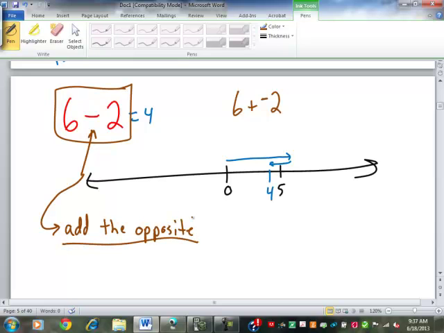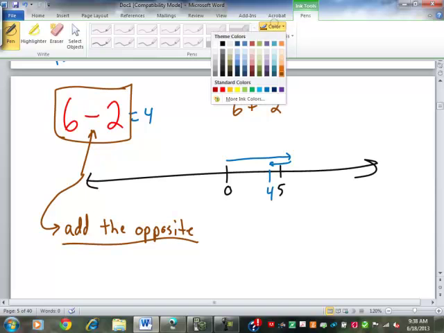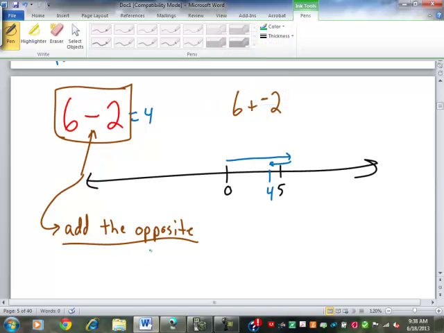Now, we're also used to seeing 6 minus 2 and we instantly know it is 4. But what it is really telling us to do is take 6, and subtracting 2 means we are adding the opposite of 2. In other words, plus a negative 2.